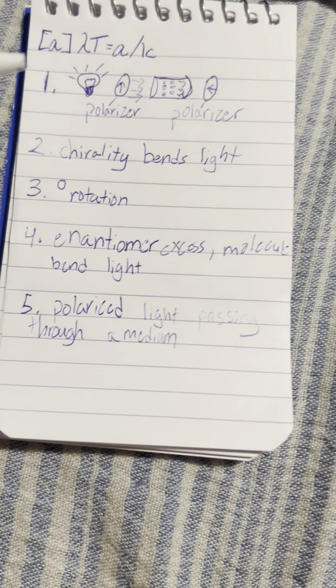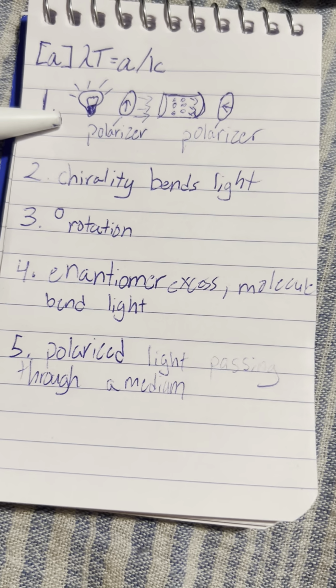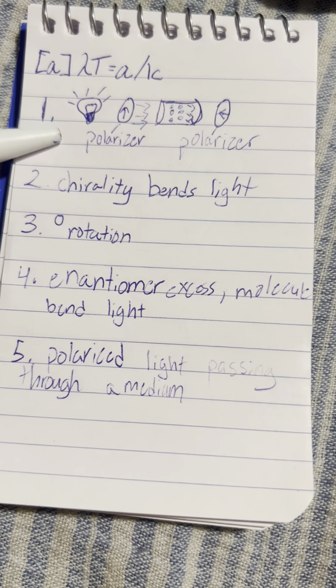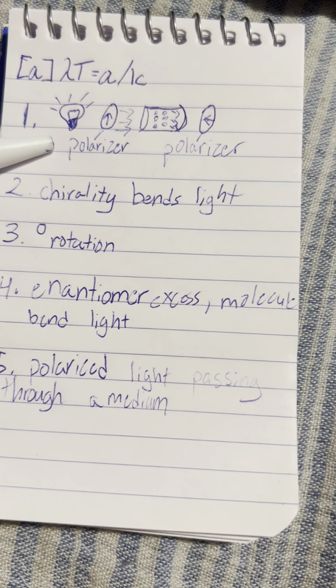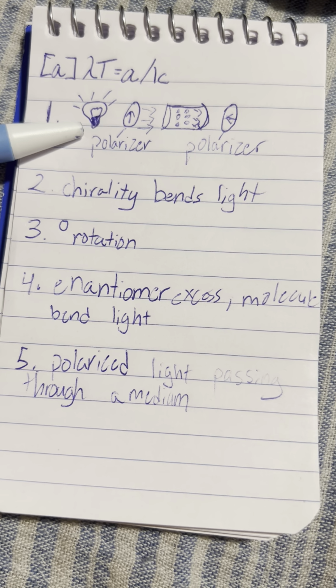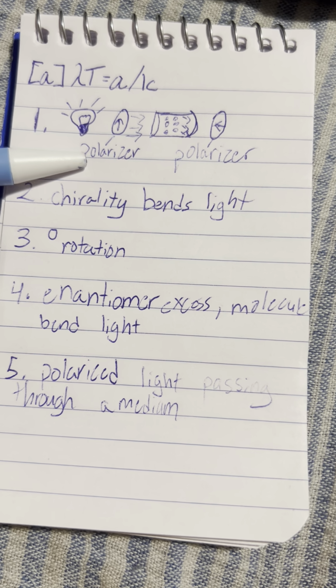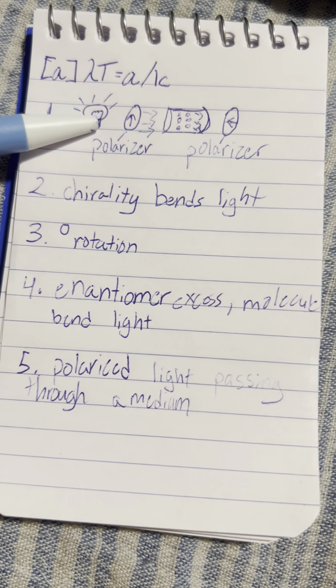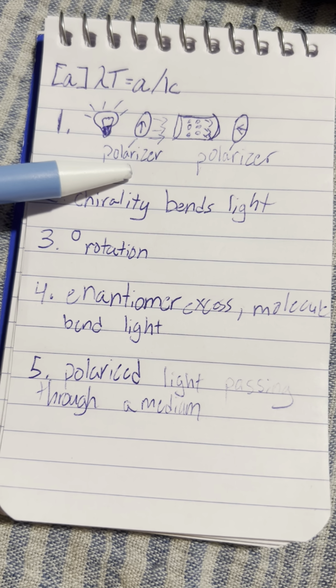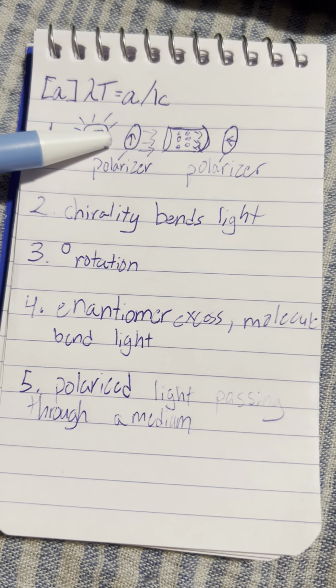For the first example, this is an example by the organic chemistry professor, where he says that our light source, in this case our candle, emits light in all different directions, but we use a polarizer that only allows the light to pass through one specific direction.